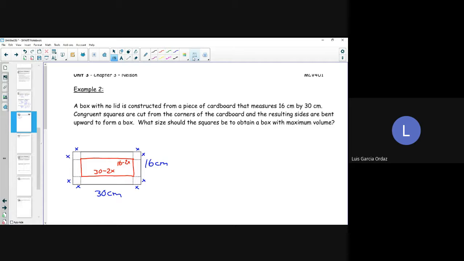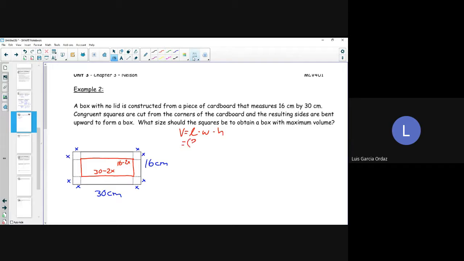So what formula do I have to use in order to find the size of the squares to produce a maximum volume? Anybody? So we're going to use volume, thank you, Priyanshu, is equal to length times width times height.